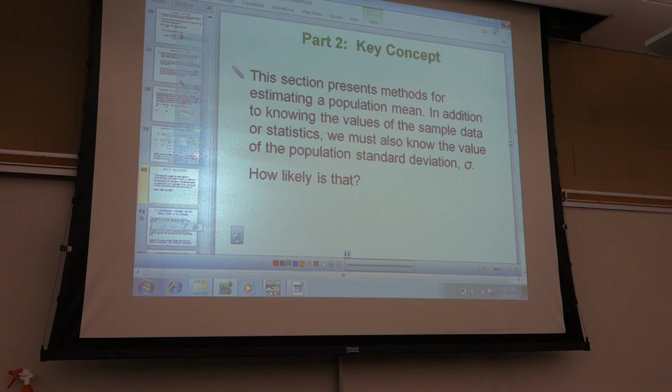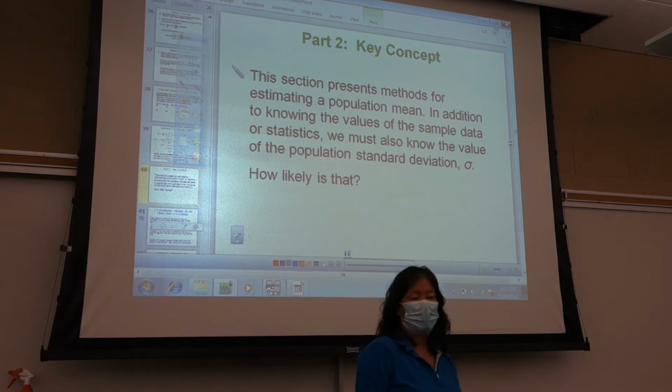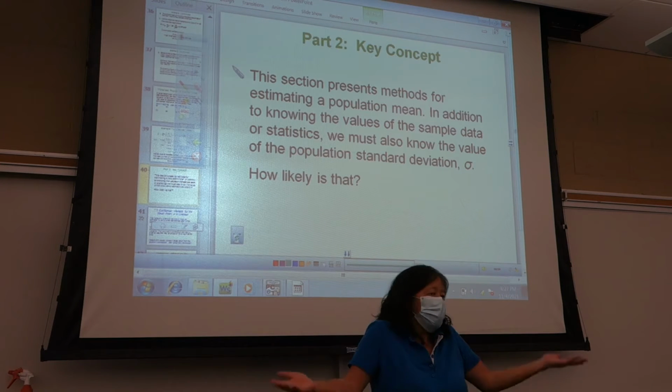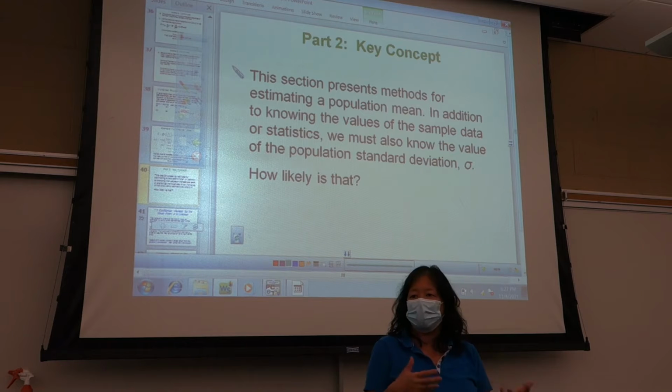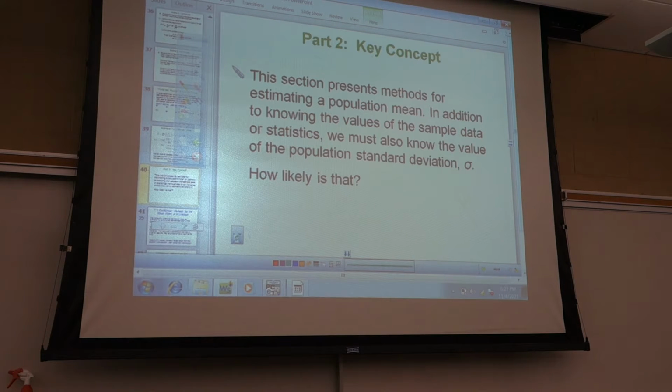The first year and a half I taught this class, I did that, but then my friends talked me out of it because in real life, this is completely unrealistic. It pretty much never happens that you don't know your population mean, but you know the population standard deviation. They're related, you use one to find the other very often. They come from the same pot of data. So this is not very likely.